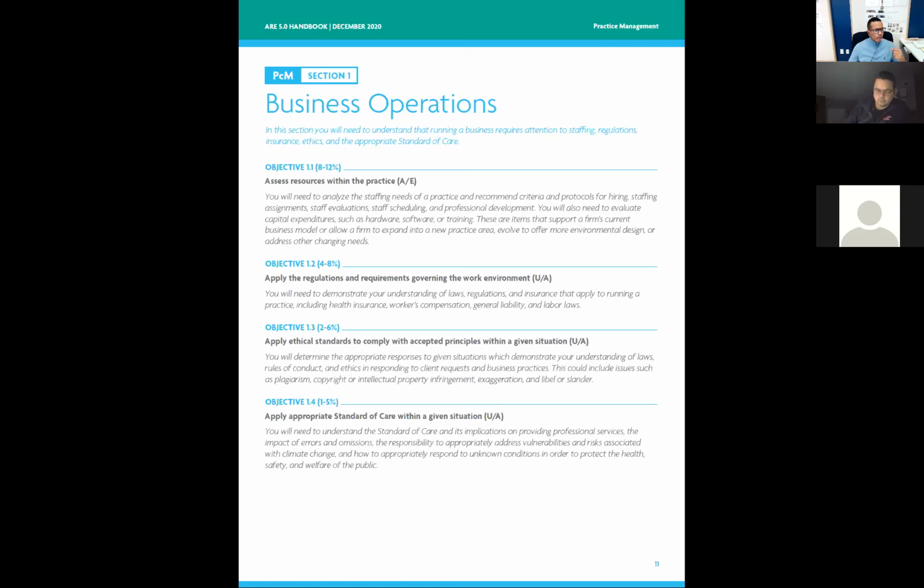Objective 1.4, apply appropriate standard of care within a given situation. You will need to understand the standard of care and its implications on providing professional services, the impact of errors and omissions, the responsibility to appropriately address vulnerabilities and risks associated with climate change, and how to appropriately respond to unknown conditions in order to protect the health, safety, and welfare of the public.